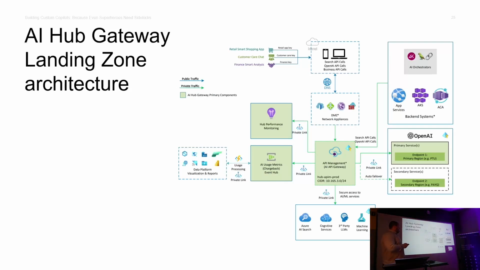All the traffic coming from the public internet is going through this DMZ network appliances zone, where you have maybe an Azure Firewall or a Front Door deployed. And then after that, all the traffic is private. So basically, it will use private endpoints to communicate with the different parts of your architecture, like the backend systems, OpenAI services, maybe some other AI/ML services, the usage metrics hub, and the performance monitoring hub.